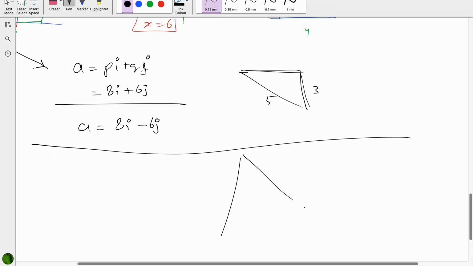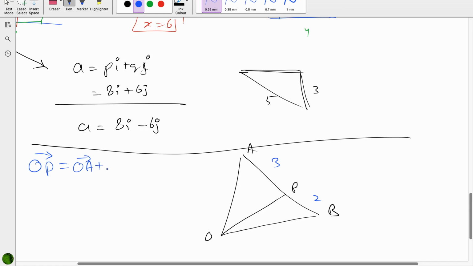For example, you are given this. This is A, this is P, this is B, this is O, and these ratios are known as 3 and 2. So if I have to find OP, vectors are missing at this point. OP is OA plus AP. Any objections for OP? So whatever it would be, OA, there must be some vector. Till now it is not there.